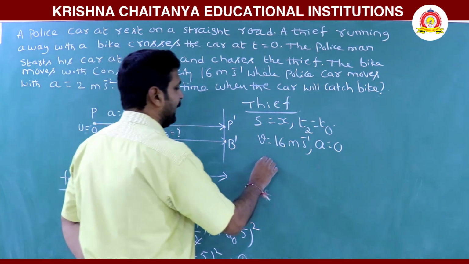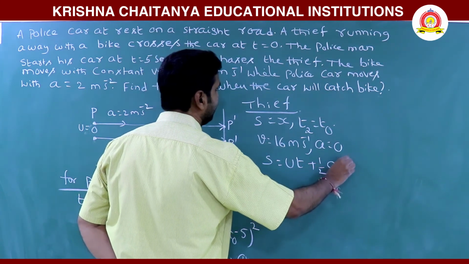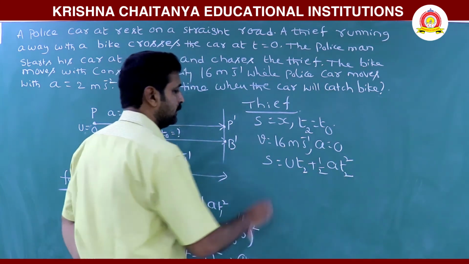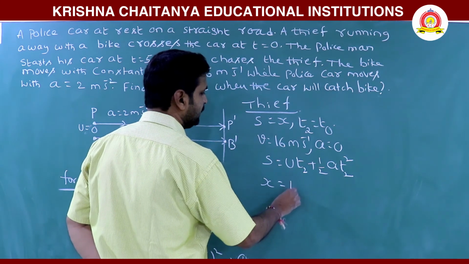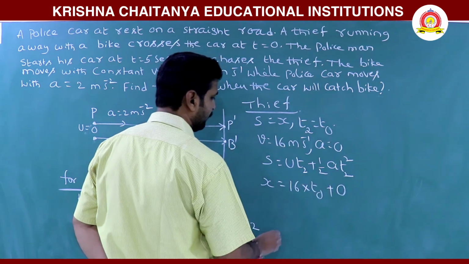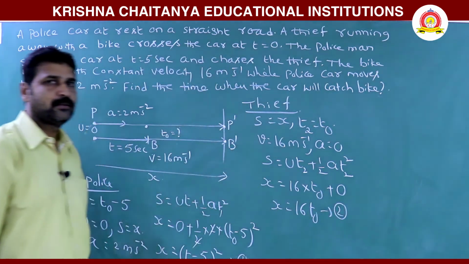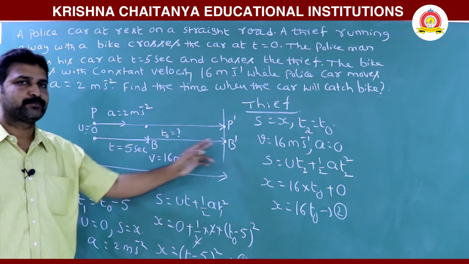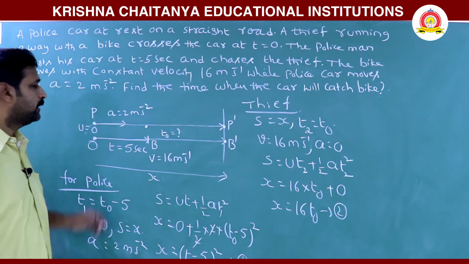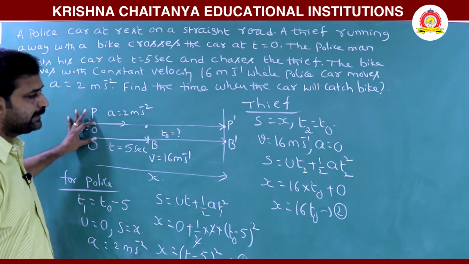Taking again s equals ut plus half at squared, with s as x, u as 16, time t0 and acceleration 0, so x is 16 t0. In order to catch the thief, the policeman has to traverse the same distance the thief traveled, so the distance traveled by both police and thief is the same.